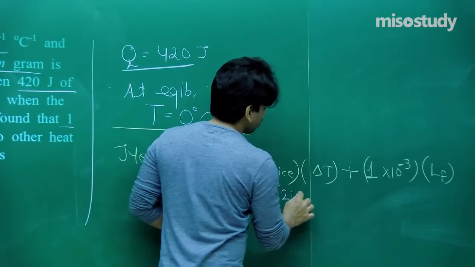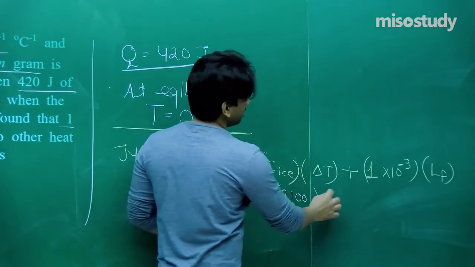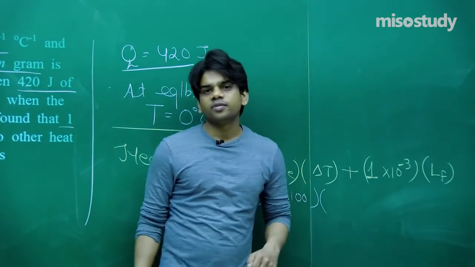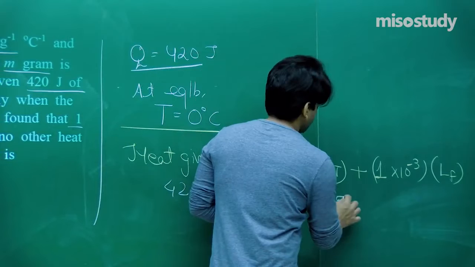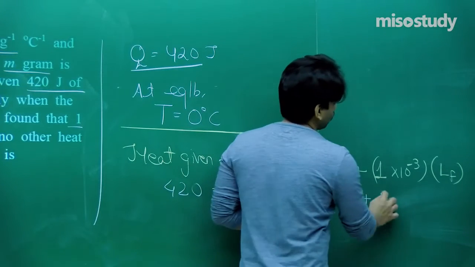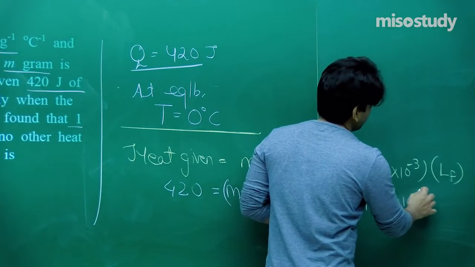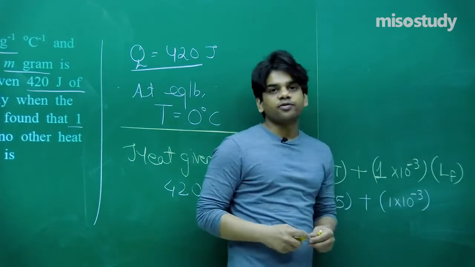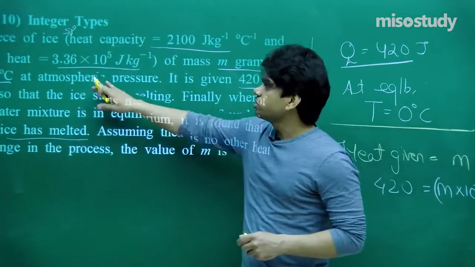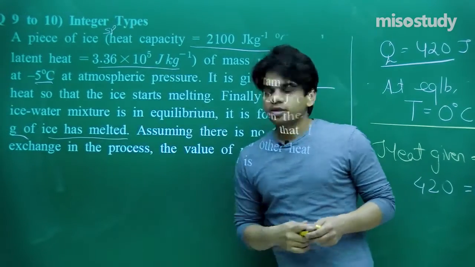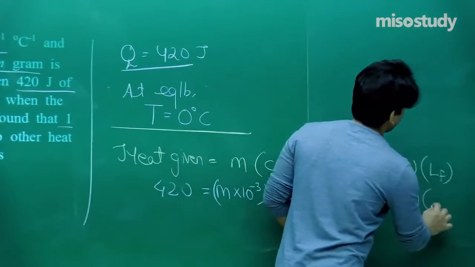So put it here 2100 with proper SI units. Delta T, that is the change in temperature from -5 to 0, so that will be 5, plus 1 into 10 to the power -3 multiplied with L_F, that is the latent heat of fusion of ice, that is given as 3.36 into 10 to the power 5 in standard units. So let me put here 3.36 into 10 to the power 5.